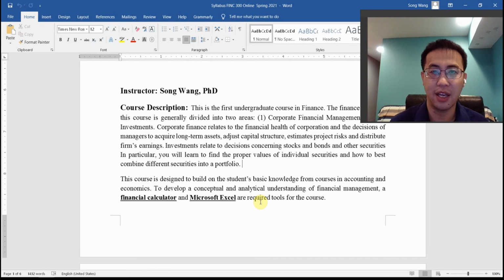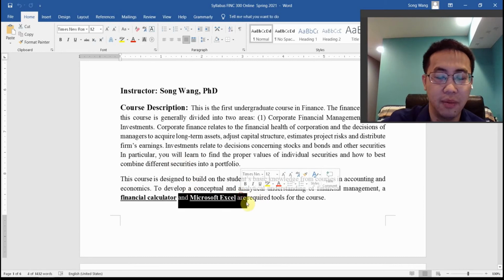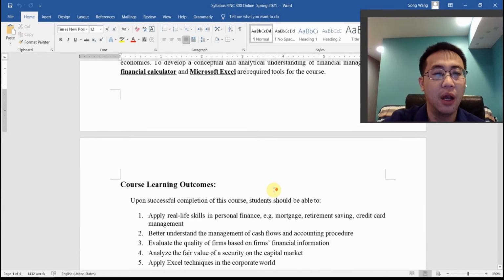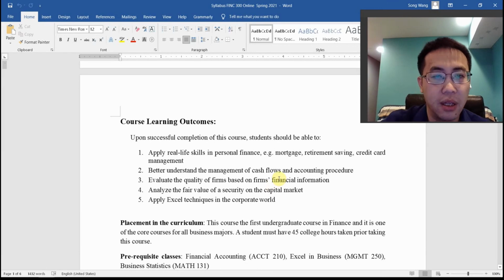I'm talking about the calculation of net present value, internal rate of return, standard deviation, and whatnot. And definitely you're gonna need Microsoft Excel software to do all these Excel projects. No matter in finance or accounting, a lot of the calculations are finished through Excel, and Excel is also a presentation tool.